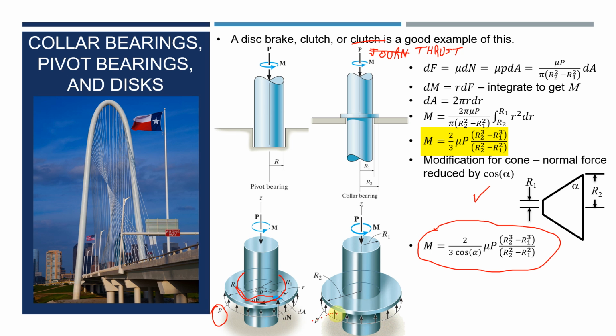Little p for pressure, big P here for force. So force, big P, divided by the area. Well, the area is pi r2 squared minus pi r1 squared. So that's the total area right there. Big P over area gives you little p.